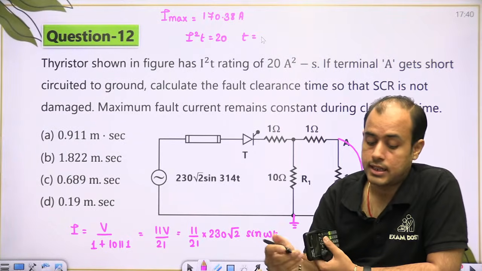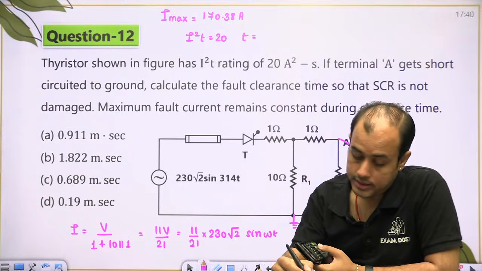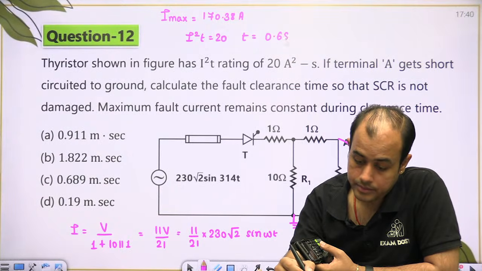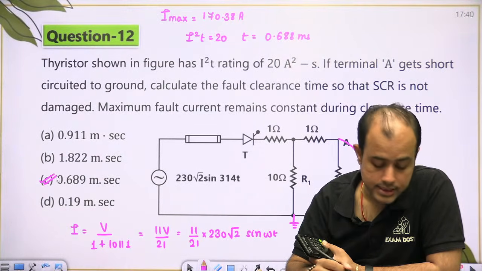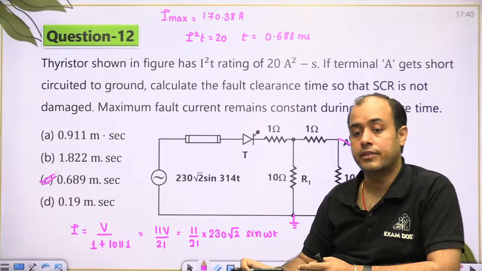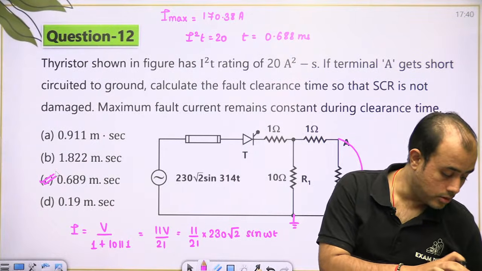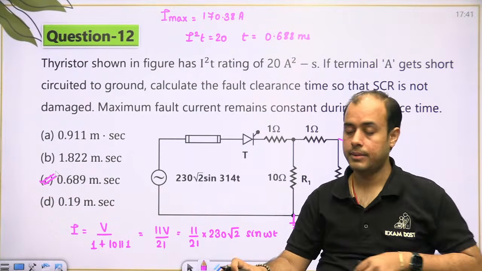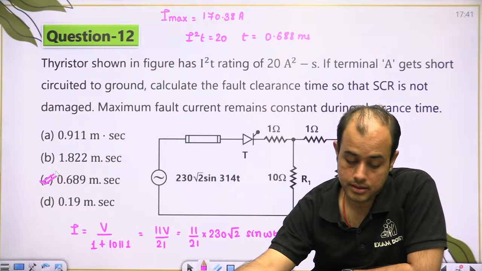So what is the time? 0.688 millisecond. So basically, in this time, you should clear the fault, otherwise SCR will be damaged. Okay. In this time, you should be able to clear the fault.